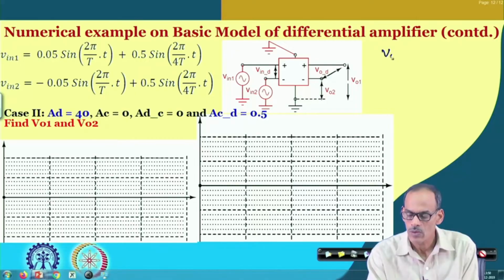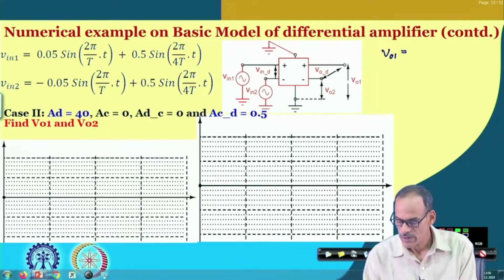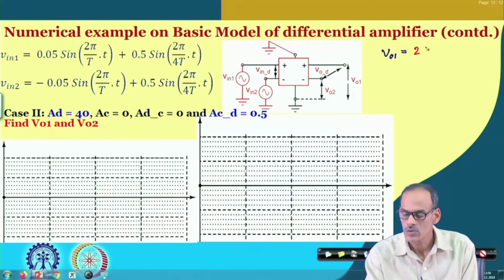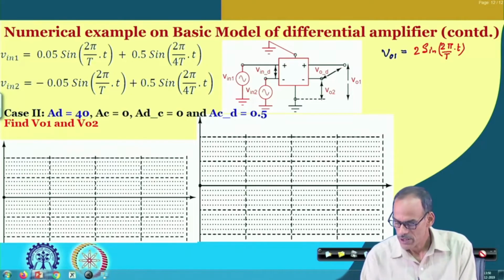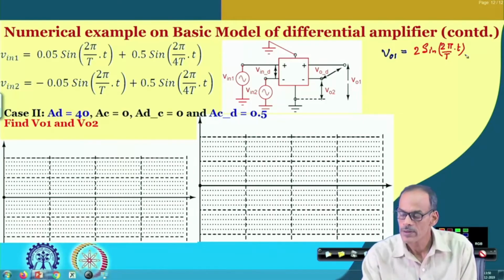VO1, as you may recall, has 2 sin 2 pi by capital T into small t plus 0.125 sin 2 pi by 4T into t, and so on.